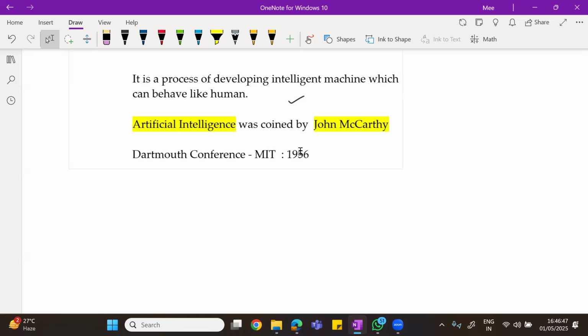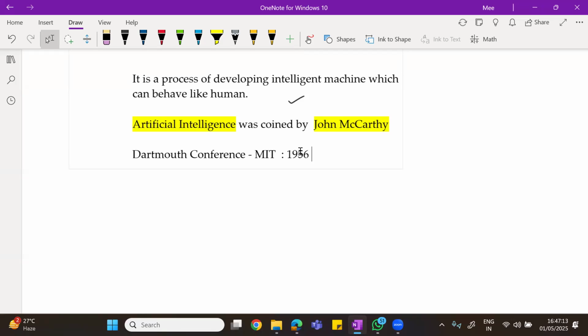Now, the immediate question that will come to your mind is, why are we learning it now? It has been like 70 years. 70 years back, we were not using the car, or any of the gadgets made 70 years back. Why are we using such a technology now, which was coined 70 years back?